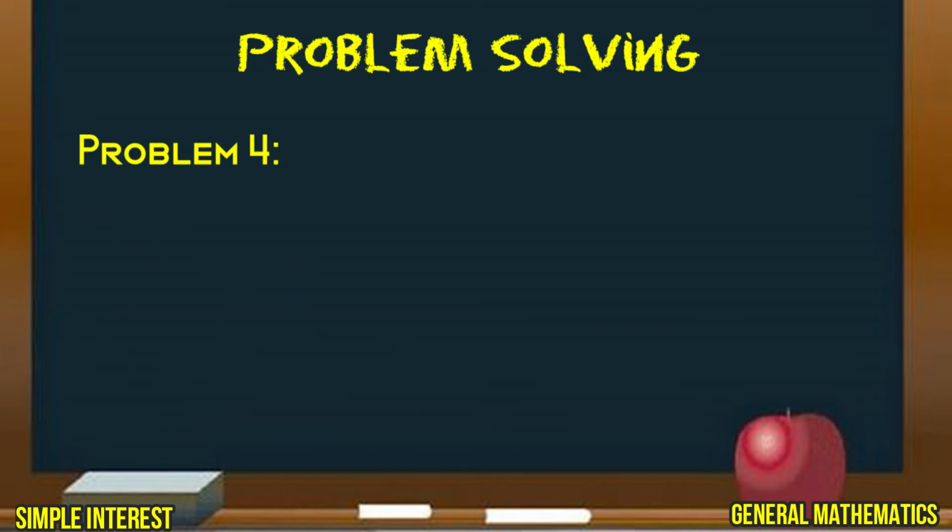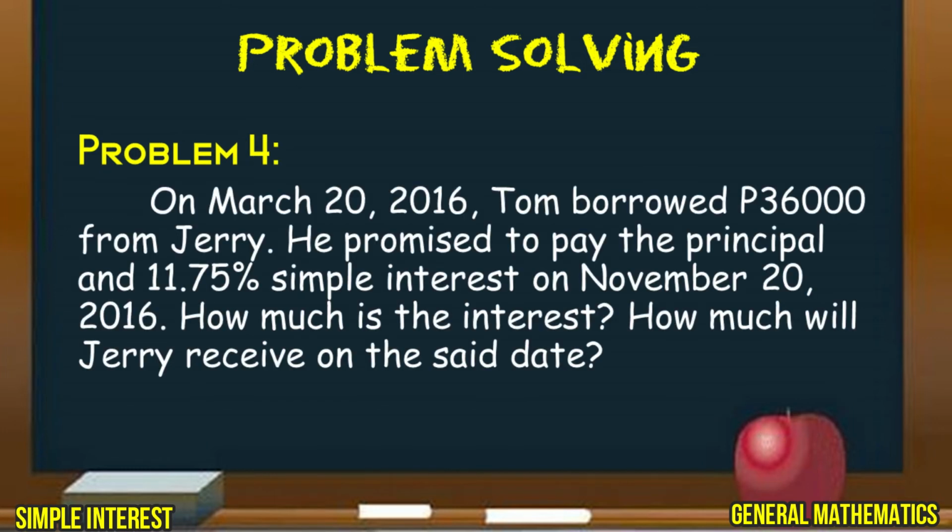Problem number 4. On March 20, 2016, Tom borrowed 36,000 from Jerry. He promised to pay the principal and 11.75% simple interest on November 20, 2016. How much will Jerry receive on the said date? How much is the interest?